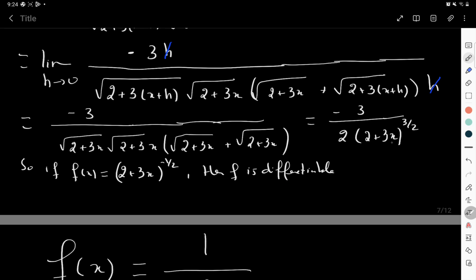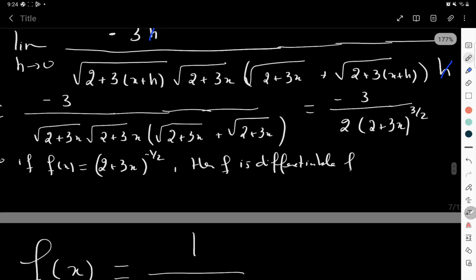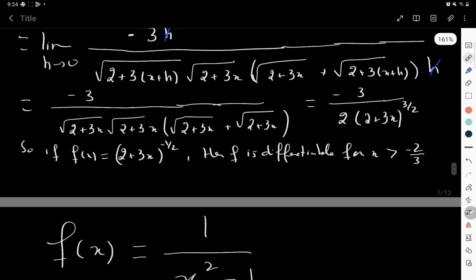I mean, here I need 2 plus 3x to also be strictly bigger than 0, right? Because it can't be 0 and it needs to be non-negative. So for x bigger than minus 2 over 3, and f prime of x, what's happening here? f prime of x is equal to minus 3/2. And just bring the exponent down if you wish, or you could keep it the same way. 2 plus 3x to the 3/2.